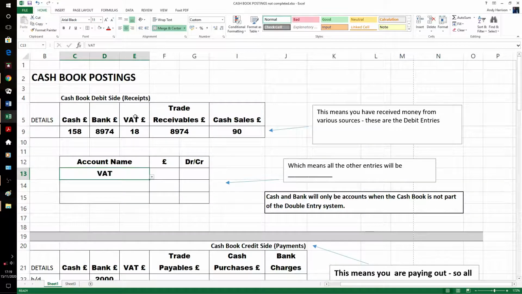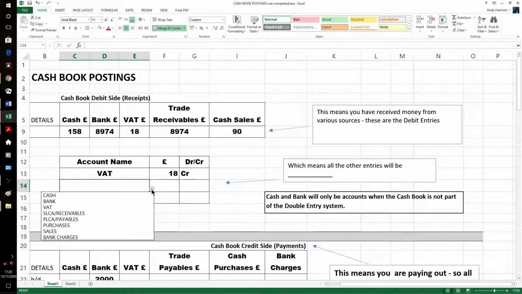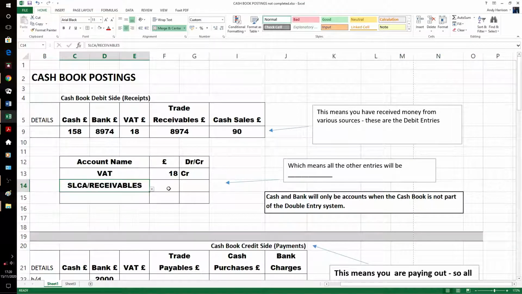The VAT, the column heading, not the cash and bank, that'll only be when it's not part of the double entry system. So our £18 VAT belongs to our cash sale. Sales are always credits, so is the VAT on sales. And then we are now crediting our customers' accounts.